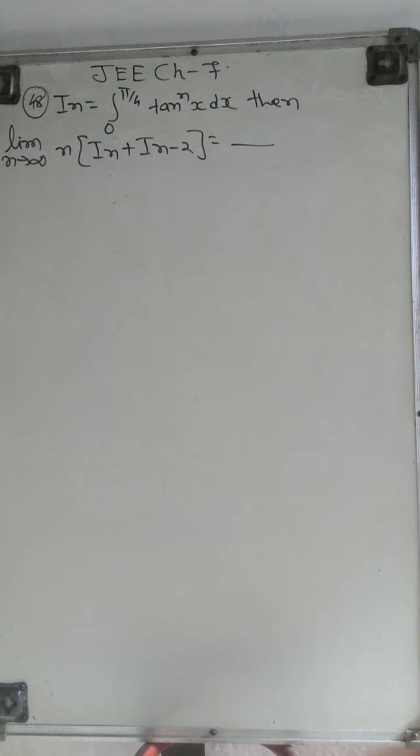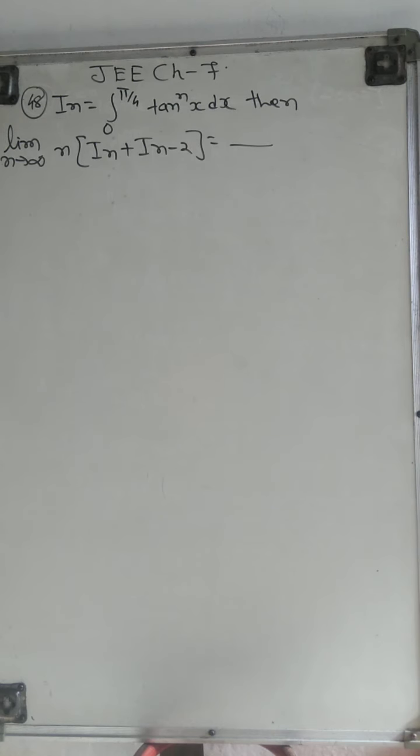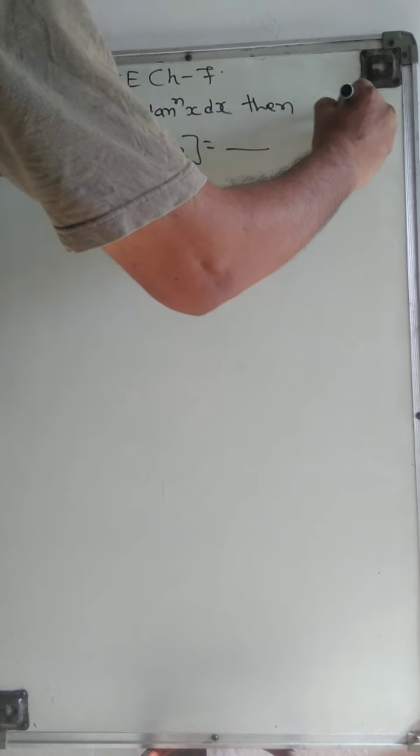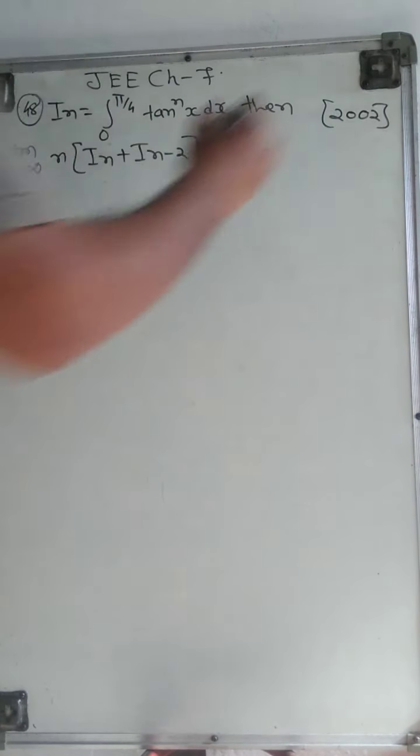In sum 48, I_n equals the integration of 0 to π/4 of tan^n x dx, then the limit as n tends to infinity of n times (I_n plus I_{n-2}) is equal to dash. This was also asked in 2002. Right?